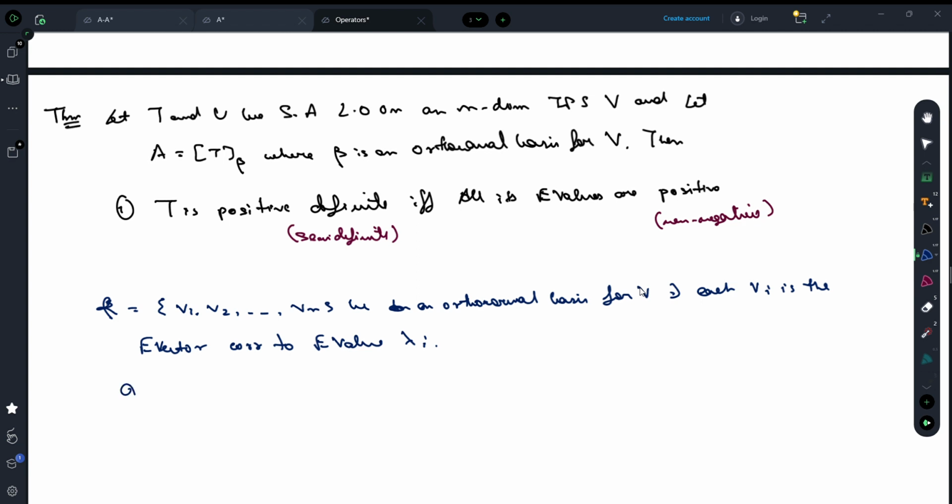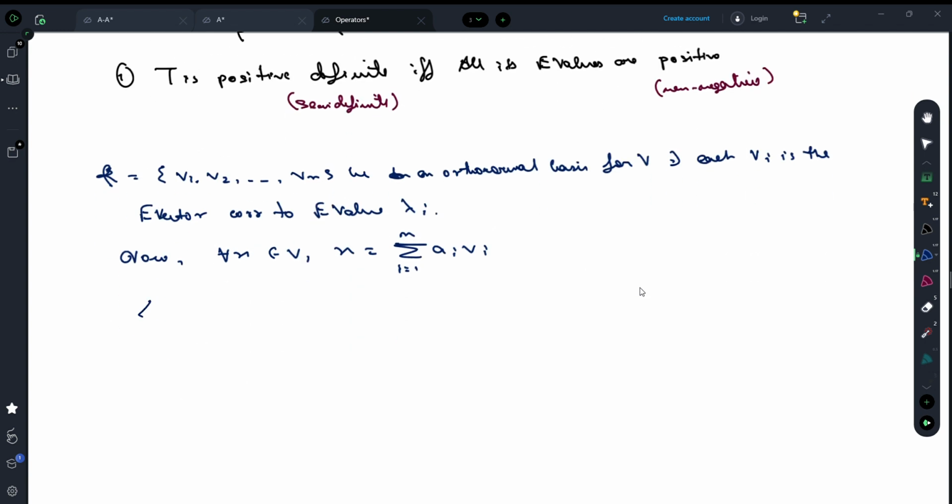Now for all x in V, I can write x as a linear combination of these vectors, the sum of ai vi, i equals 1 to n. But then what can I say about the inner product of Tx with x? Since T is linear, Tx is the summation of ai times T of vi, but T of vi is lambda i vi.